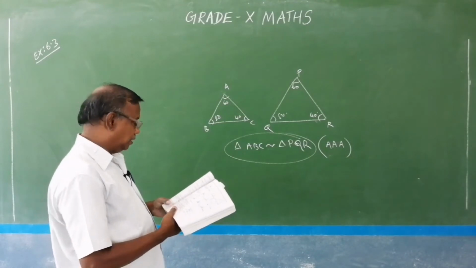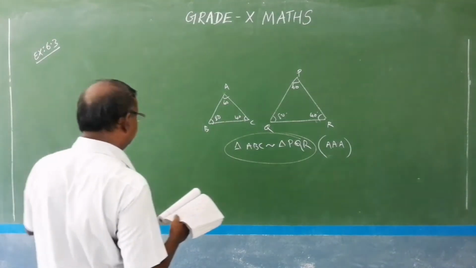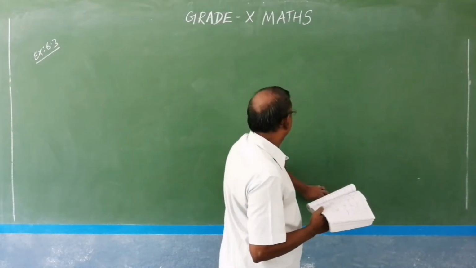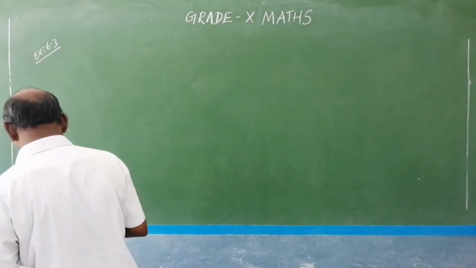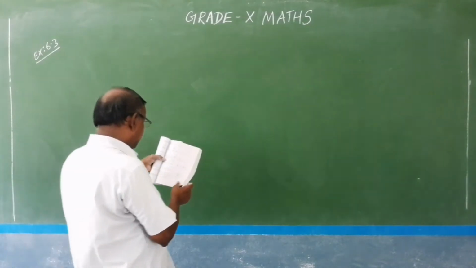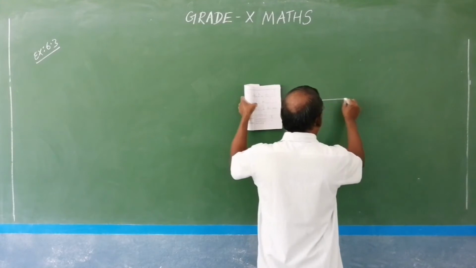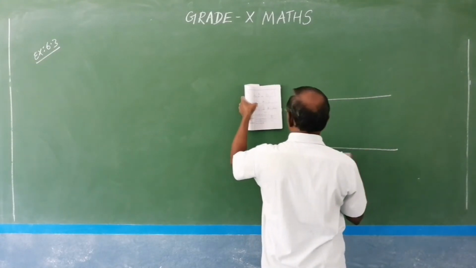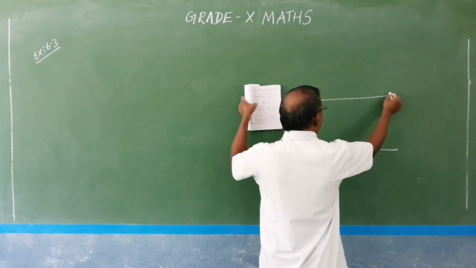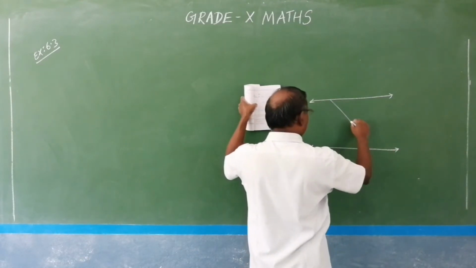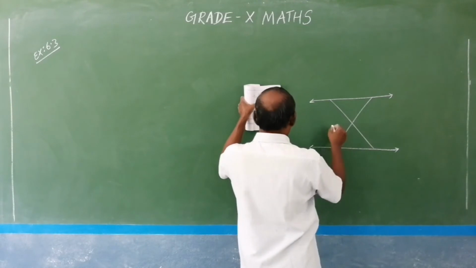And let us straight away go to question number 2. In question number 2, they have given you a diagram. In diagram 6.35, two rays are there and two intersecting lines.